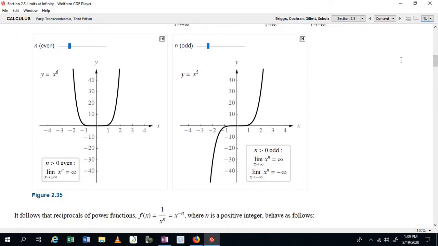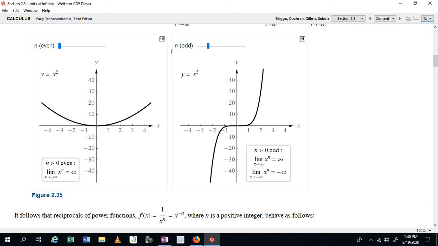Now, in order to do that, it's important to look at these cases here. There's two very important cases that we're going to look at. So the first one I'm going to look at is, suppose this was x squared, right? We had the function x squared. The graph of x squared looks like this. What's the end behavior for x squared? Well, as x heads towards positive infinity, it looks like the y value is heading towards positive infinity as well.